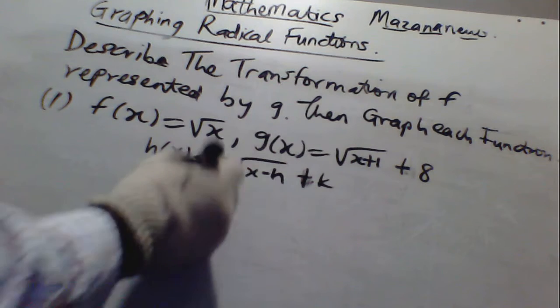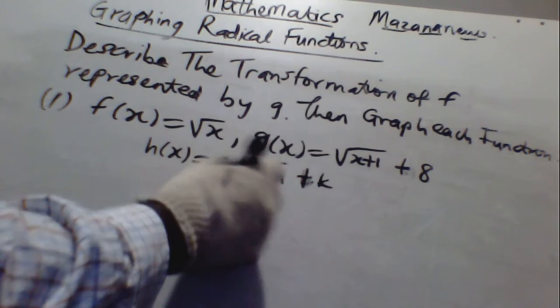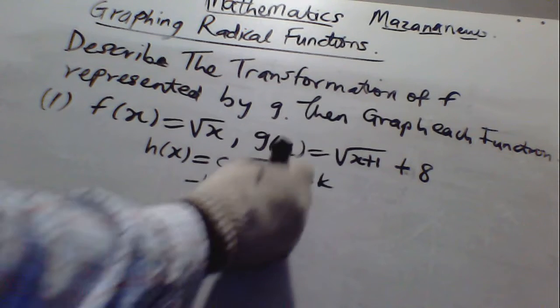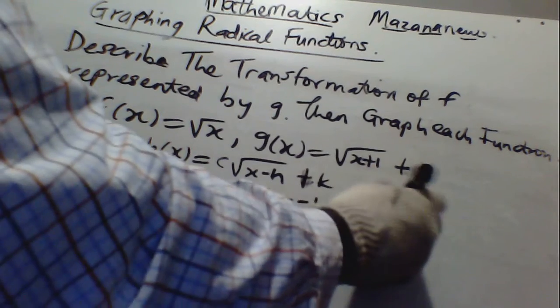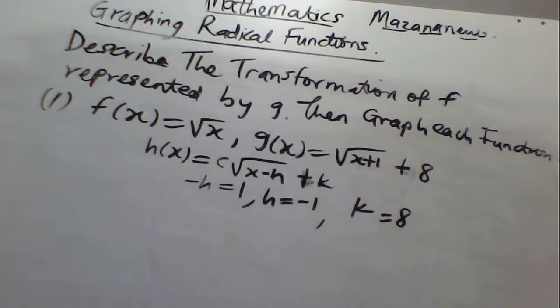So from this we can compare: minus h is equal to 1, so h is equal to minus 1, and k is equal to 8.